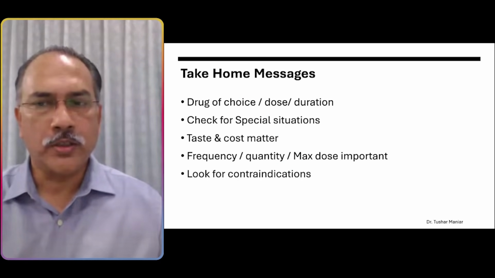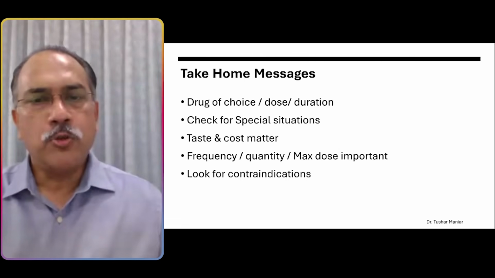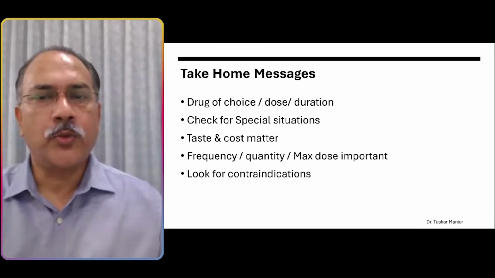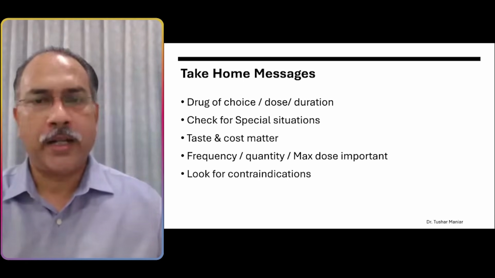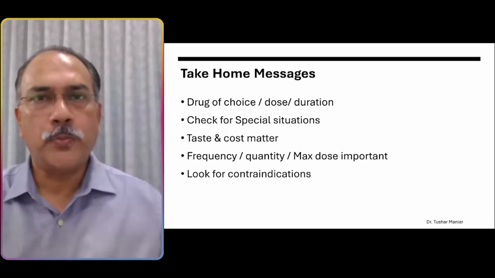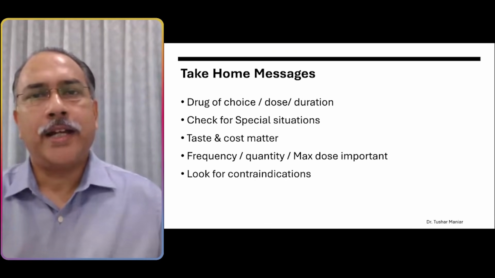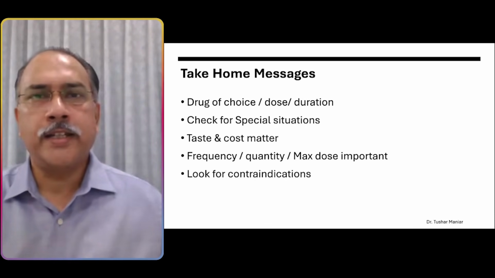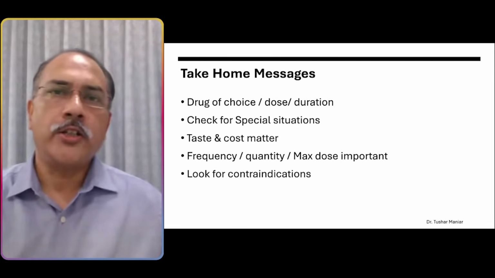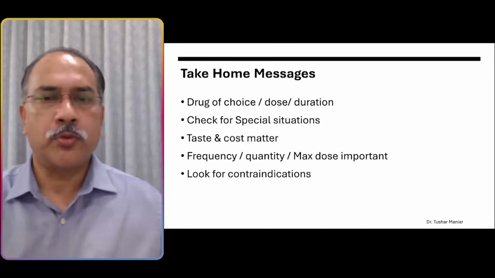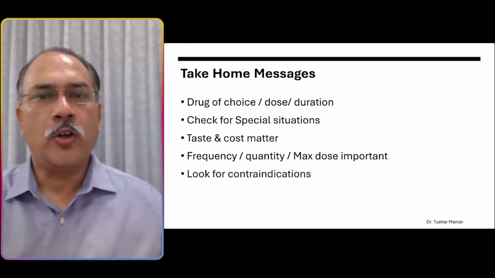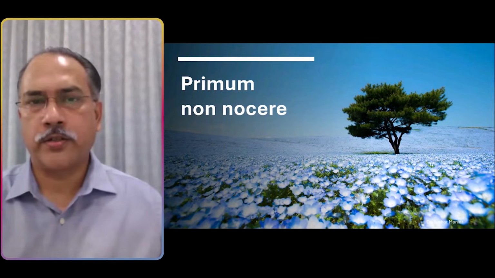Taste and cost are very important. If you are using combination, make sure that the frequency, quantity, etc. are matched appropriately. Whenever you prescribe a medicine, we are dealing with obesity day in and day out. Make sure that you are not overshooting the maximum dose, that means the adult dose, and always look for contraindication.